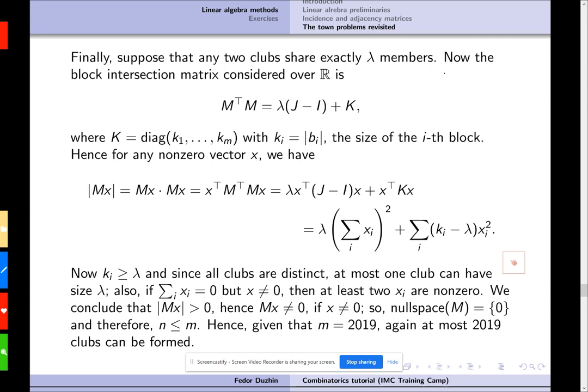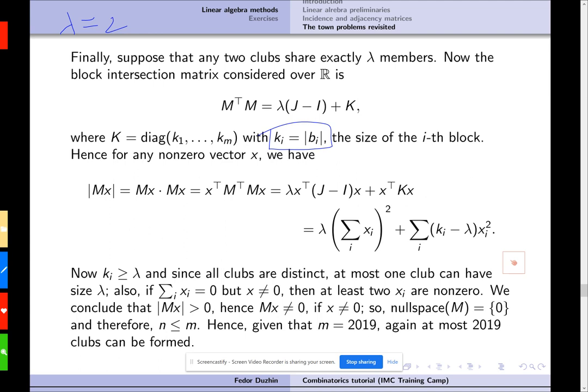We consider the case lambda equals 2, remember the case that we introduced at the beginning of the lecture is lambda equals 2. But generally speaking, it might not be. So now the sizes of blocks are different. Let k_i be the size of block i.